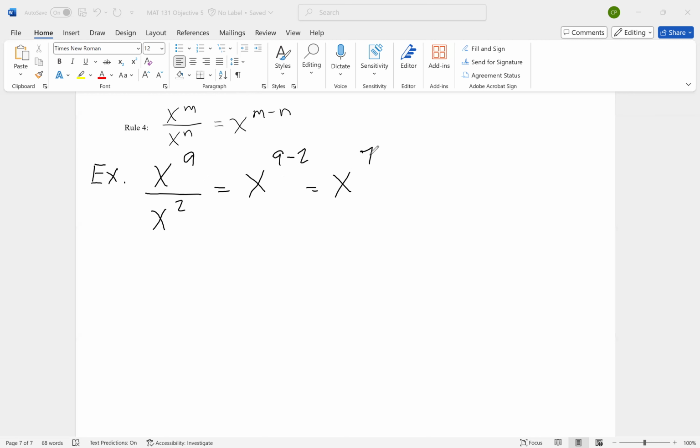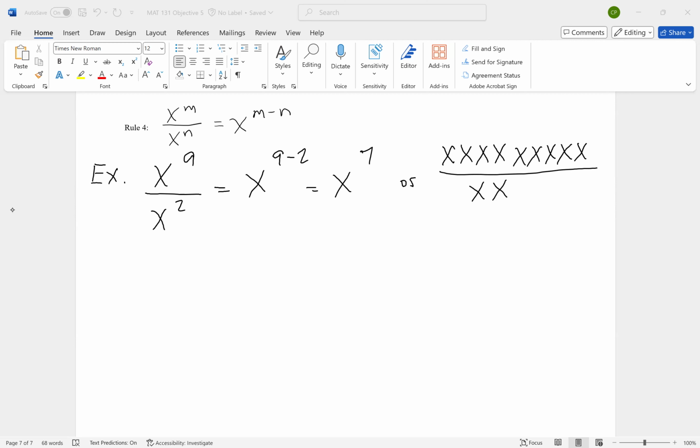Another way that we can think about this is, what if we had 9 x's in the top and 2 x's in the bottom, okay? We know that anything over itself is 1, or anything divided by itself is 1.